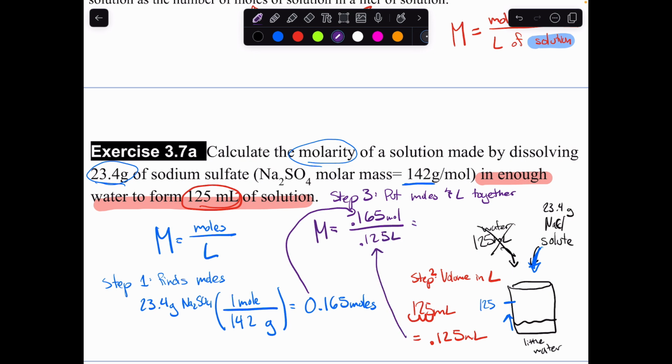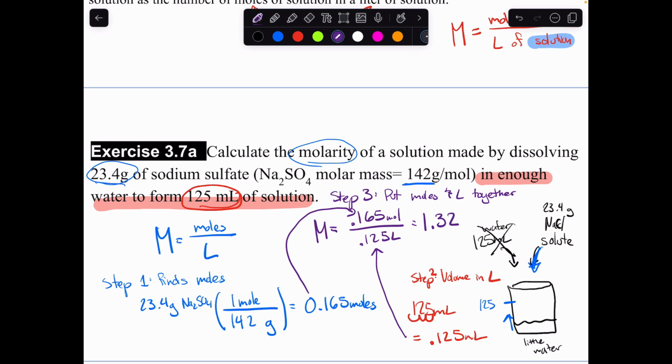So I'm going to take 0.165 divided by 0.125, and we get a molarity of 1.32.